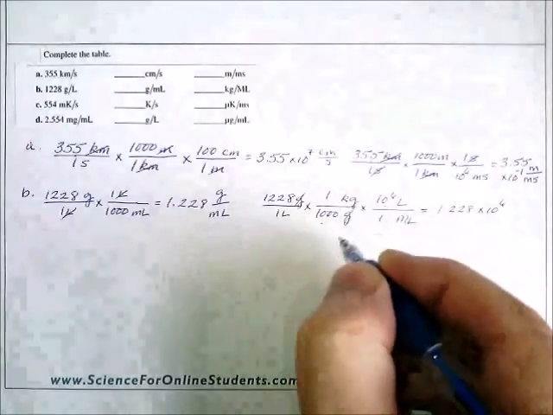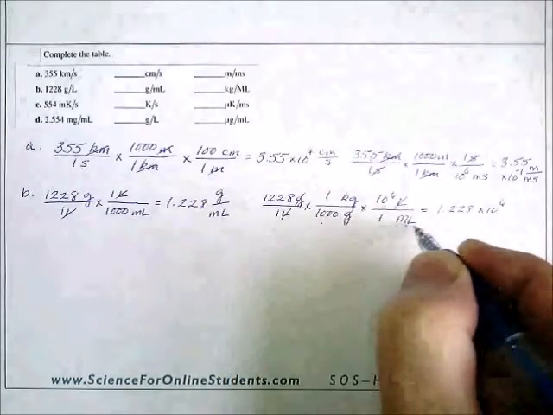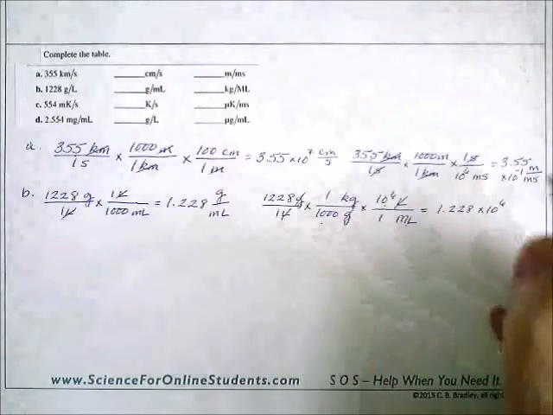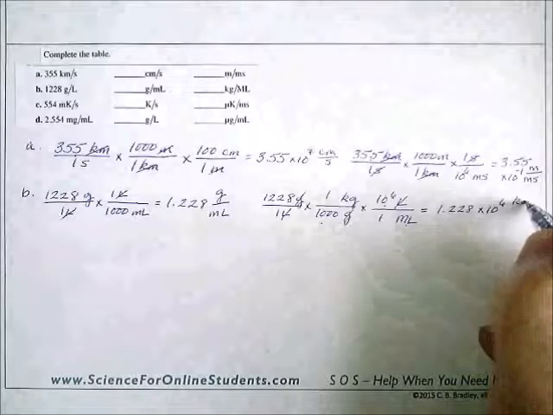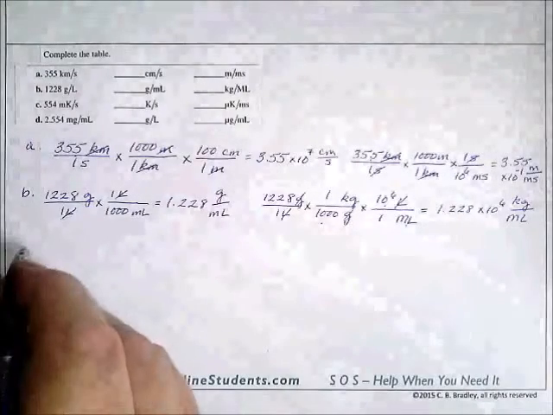Well, grams have canceled. Kilograms are in. Liters cancel. Megaliters are left. So we have kilograms per megaliter.